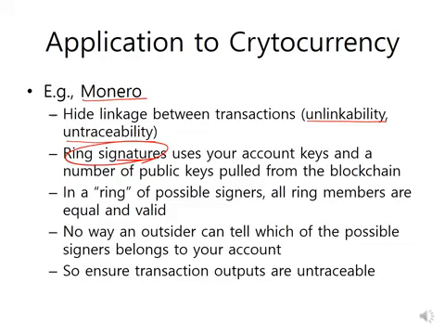In the ring of the signers, actually all members are equal and valid. It means that if there is some trace from one wallet to another one and another one, and if this is the address of some specific wallet, and this is a transaction in the blockchain, actually this is transparent.